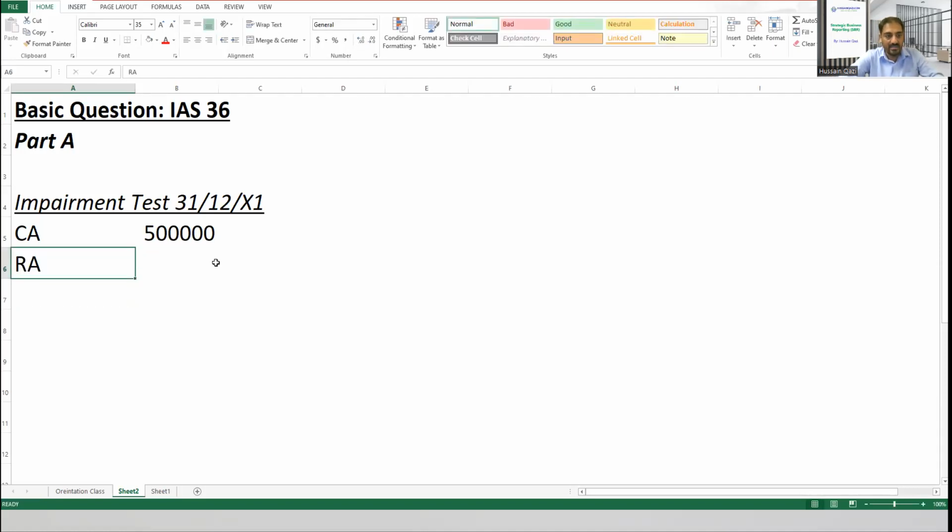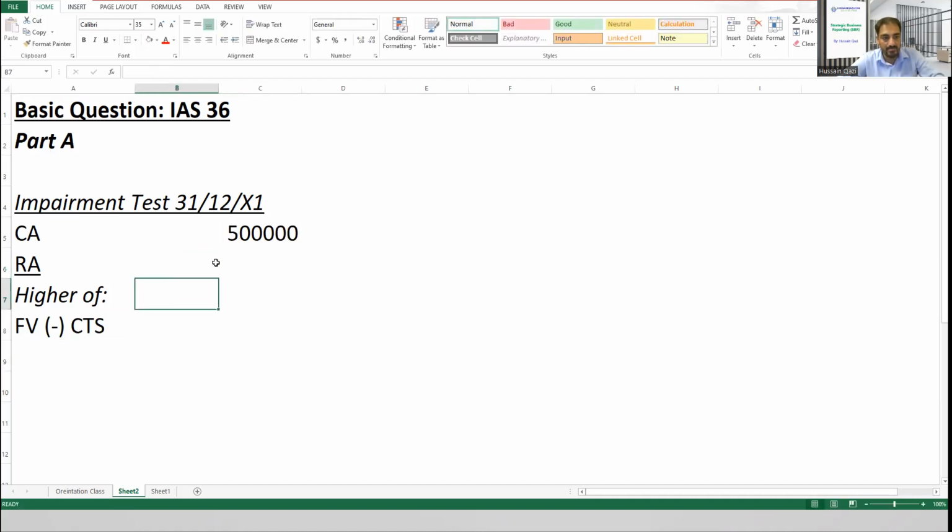The recoverable amount is the higher of what? Fair value less cost to sell. And how much is the fair value less cost to sell?